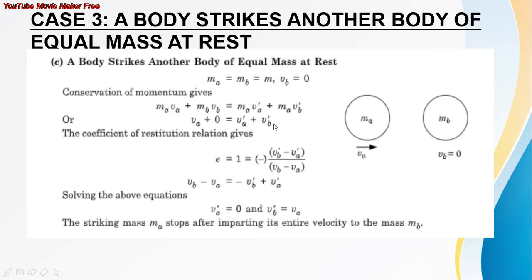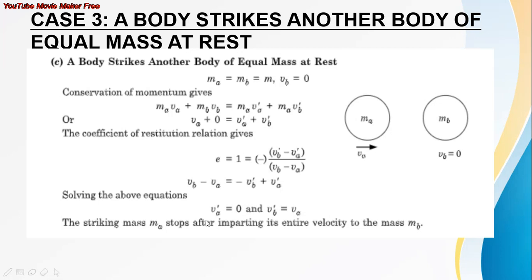This is one equation. Another, the coefficient of restitution, we use equal to 1, which is equal to minus vb dash minus va dash upon vb minus va. We get vb minus va equal to minus vb dash plus va dash, where vb is equal to 0. So when we solve this equation and this equation, we get va dash equal to 0 and vb dash equal to va.